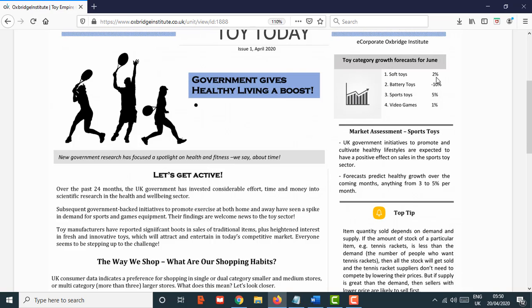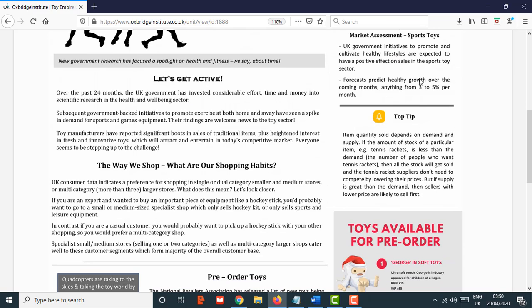So last month if we sold 100 toys, this month probably the market will sell 102. So obviously having a positive growth is a good thing. We have market assessment of sports toys, and we have a short discussion on how demand and supply affect your sales. So going through all this information, hopefully with a parent, a teacher, or a friend, will help you understand how the game mechanics actually work.